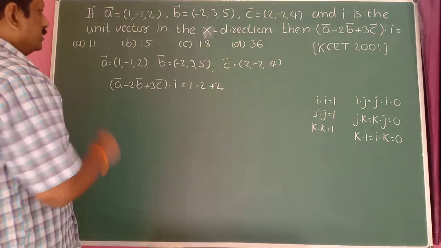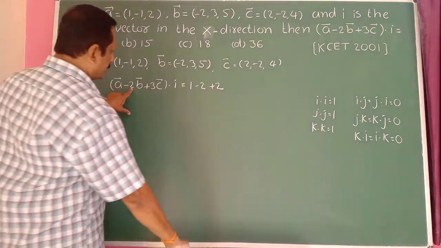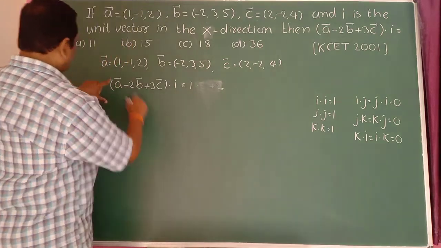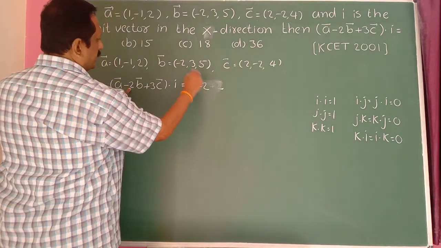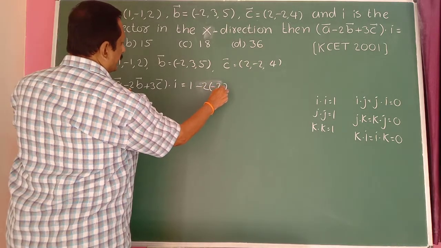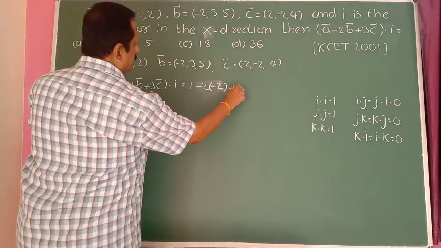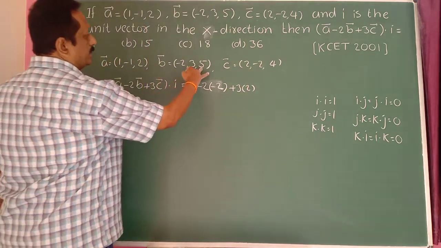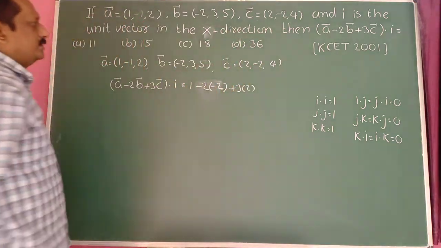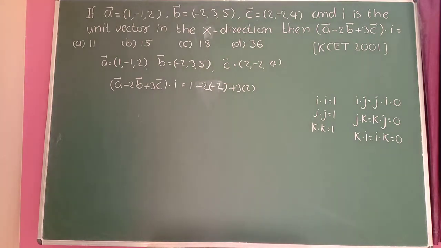And here multiply by 2, that is important. So 1, minus 2 into this 2, then 3 into this 2. Do not take the y and z coefficients, only take the x coefficient, meaning the x coordinate.